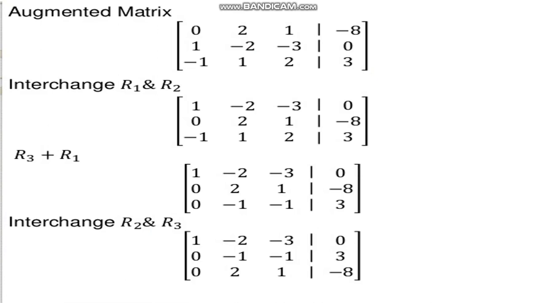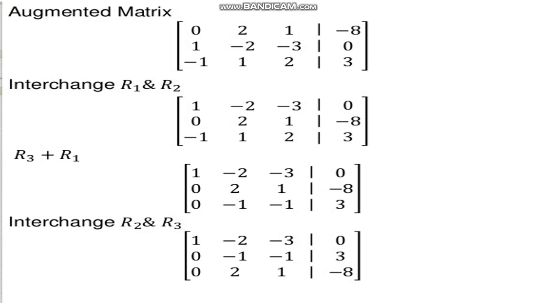This augmented matrix will now be solved using the reduced row echelon method. In the reduced row echelon method, we create an identity matrix on the left side of the matrix. For this purpose, we interchange row 1 and row 2. So we get the matrix 1, -2, -3, 0, 0, 2, 1, -8, -1, 1, 2, 3.